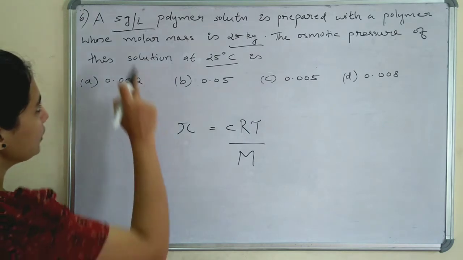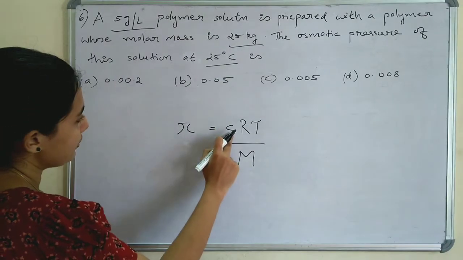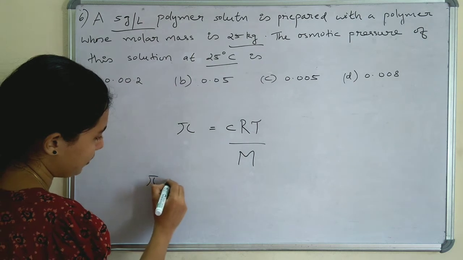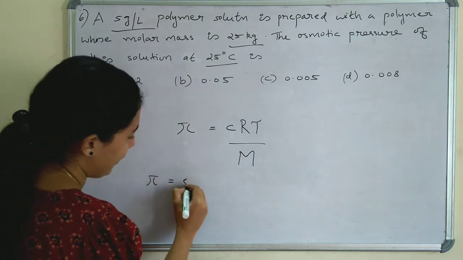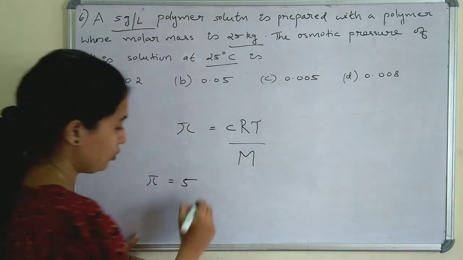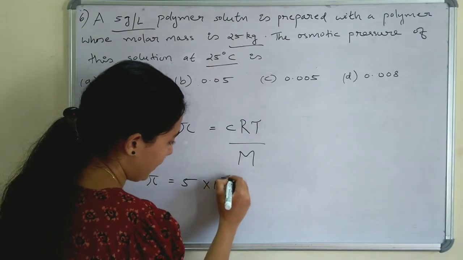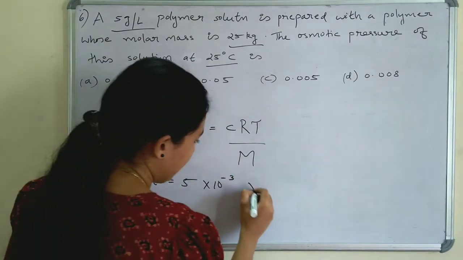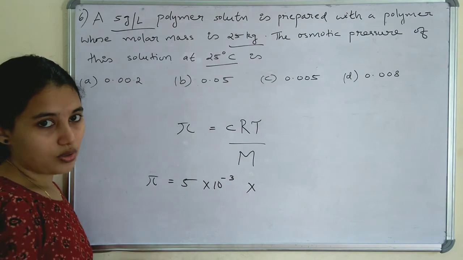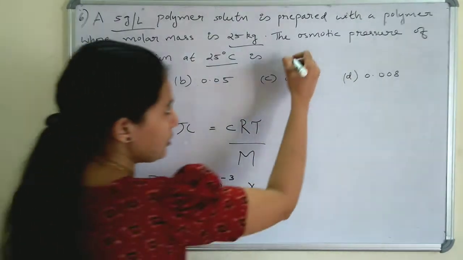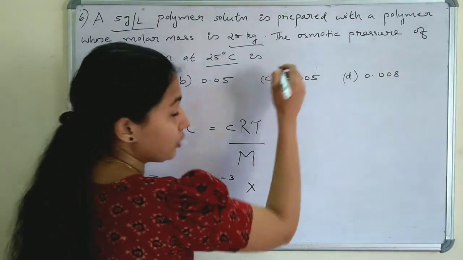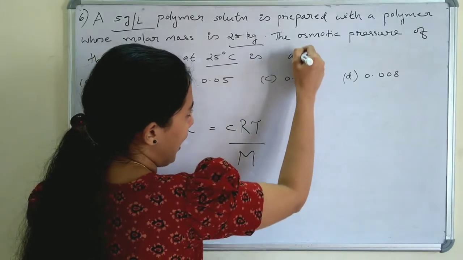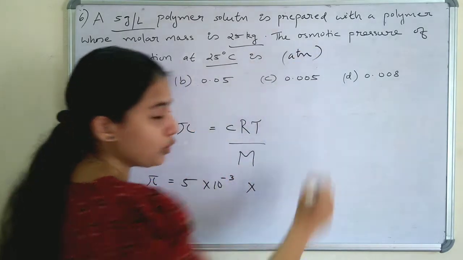So here the concentration is given. So pi equal to, concentration is 5 gram per liter. So 5 into 10 raised to minus 3 kilogram into R, gas constant. So the question is the osmotic pressure in atmosphere ATM unit.